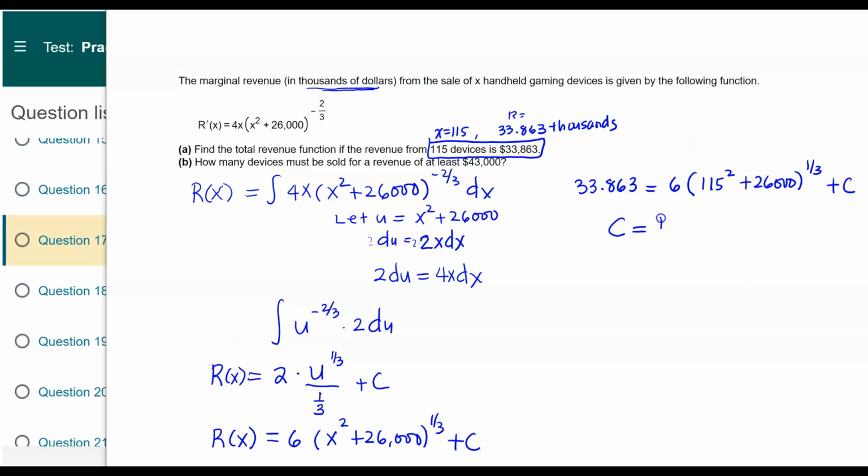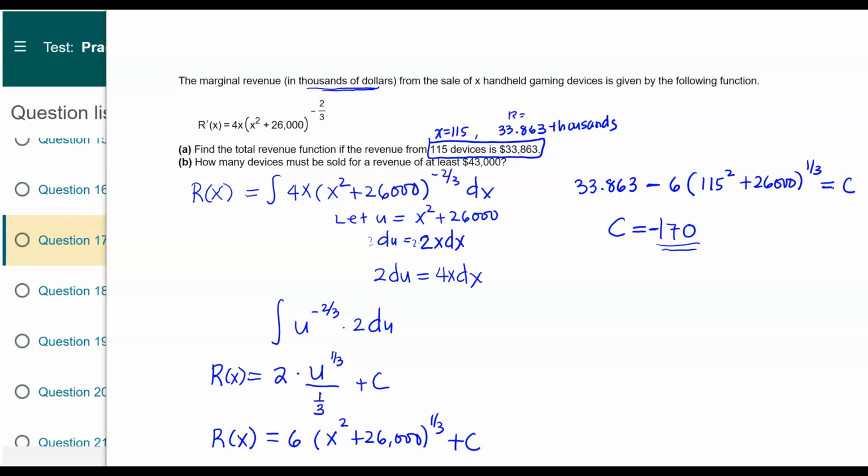And what I got is 170.002301. So I'll simplify that, and I'll have 170. So c is negative 170. That's the value you get by subtracting: you subtract this from this, and that will be your c.